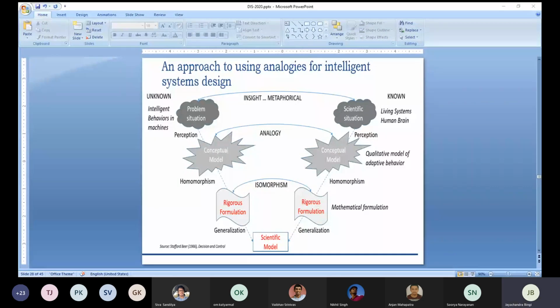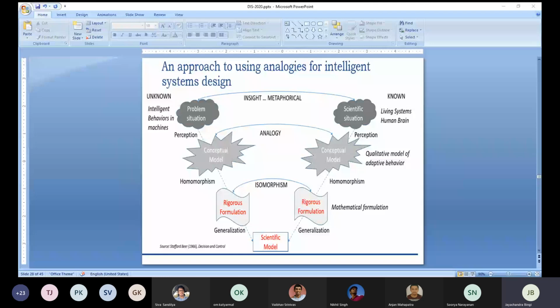So those functional changes or behaviors, can you assign some mathematical formulation? That means, can you explain this behavioral pattern with respect to some mathematical function? Then you are converting this qualitative thing into a mathematical thing.